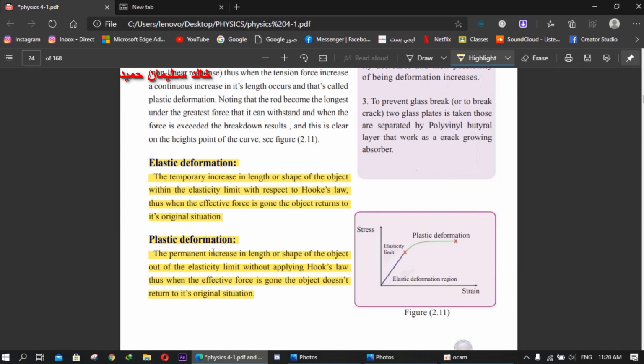And plastic deformation is the permanent increase in length or shape of the object beyond the elasticity limit without applying Hooke's law. Thus, when the effective force is gone, the object doesn't return to its original situation. This is the difference between the two types of deformation.